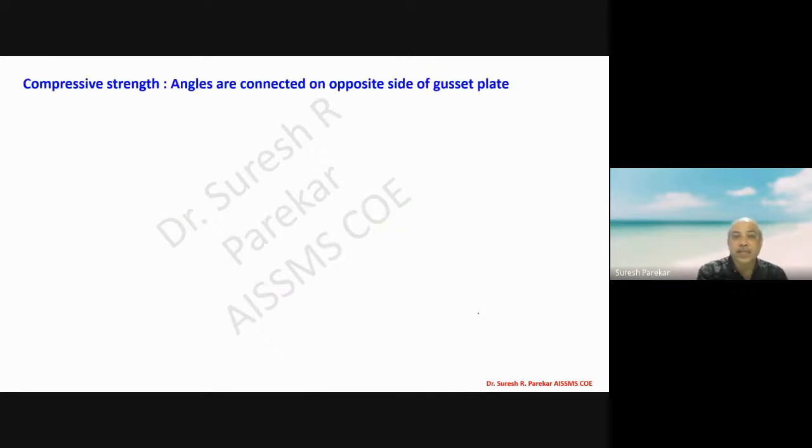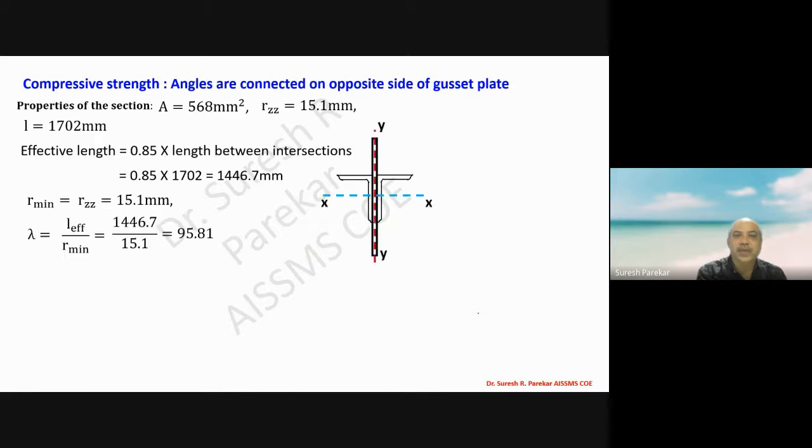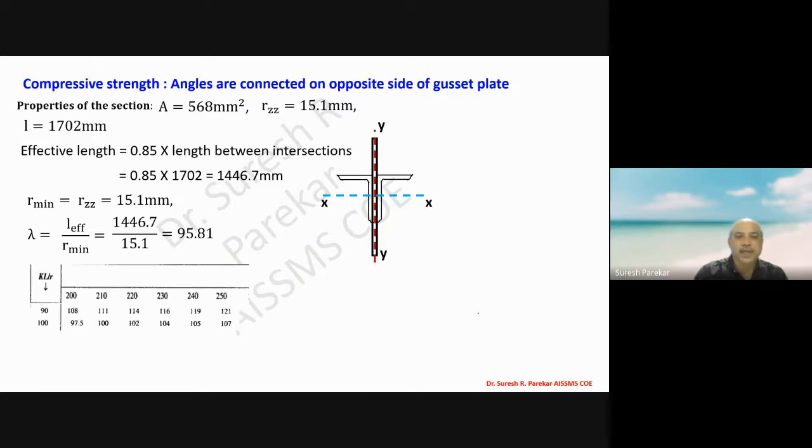Now we have to check it for compressive strength, and we know we have compressive force of 86 kilonewton. The length we have for the top chord member is 1702, and that comes to 1446.7, and we have this section. We have calculated lambda, and for this we have table 9C.